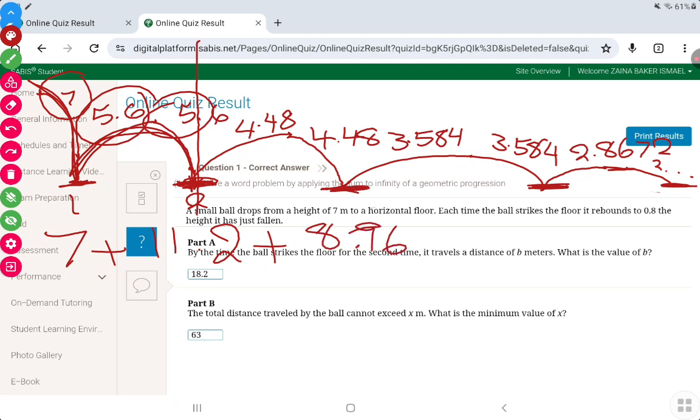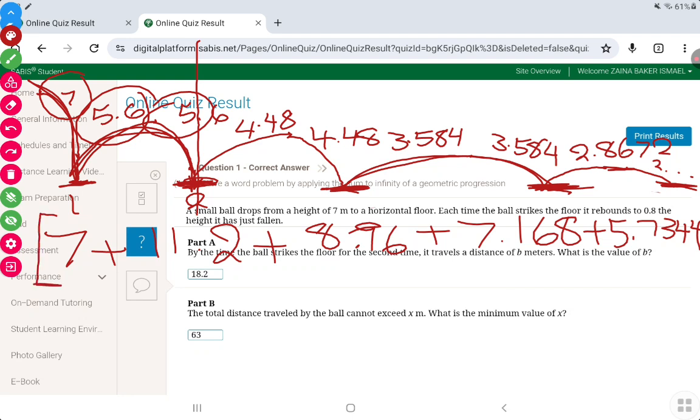Now the distance from this rebound to this rebound is 3.584 plus 3.584, which is 7.168, plus the distance from this rebound to this rebound is 2.8672 plus 2.8672, which is 5.7344.